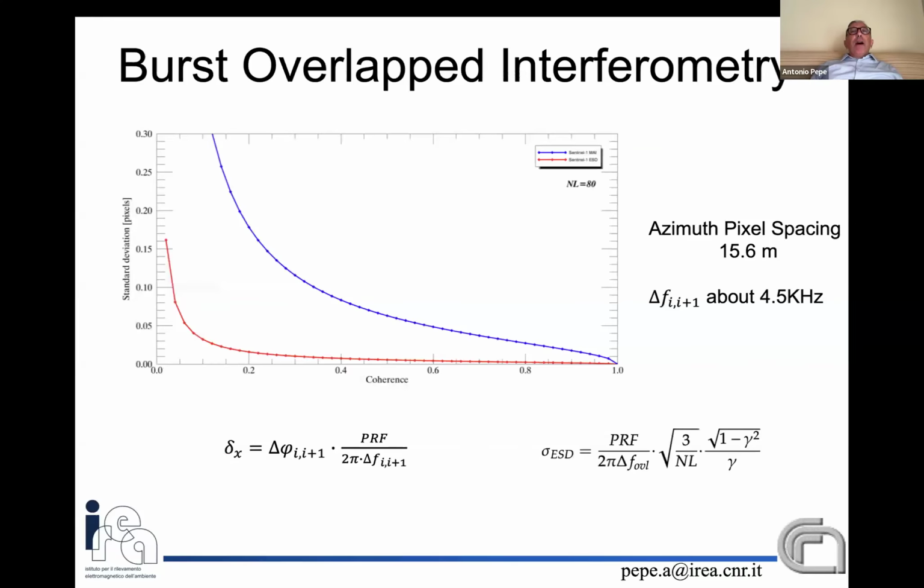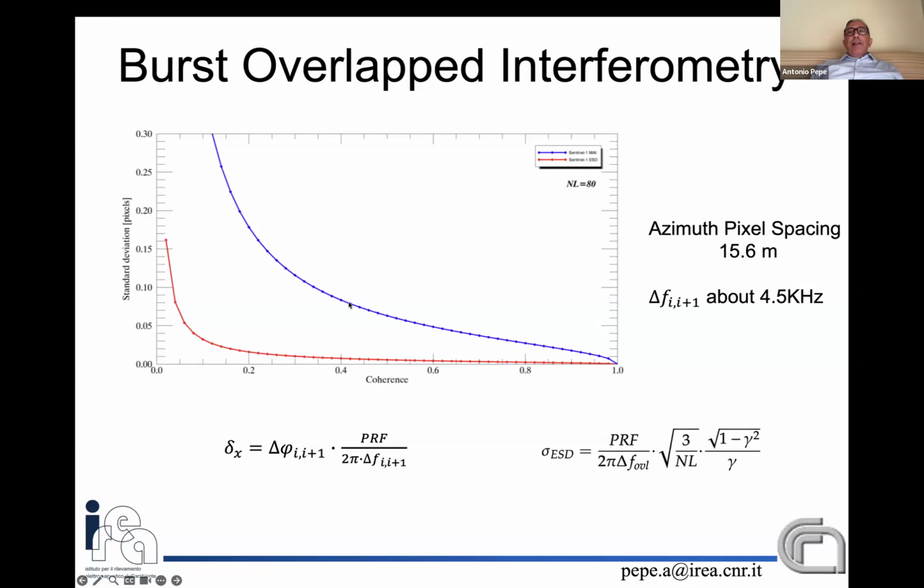This is the idea. If we compare multiple aperture interferometry and burst overlapped interferometry, and we consider some mathematical and statistical equations, we can recover a picture like that. We can see that burst overlapped interferometry is more precise than multiple aperture interferometry applied to Sentinel-1.